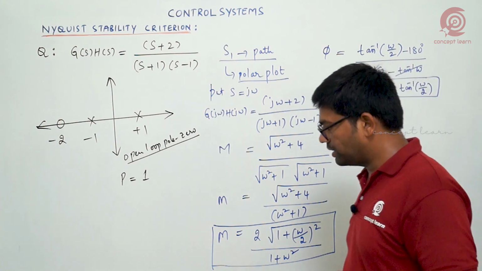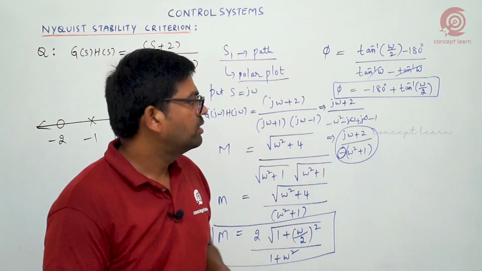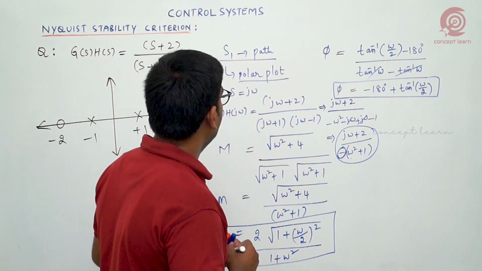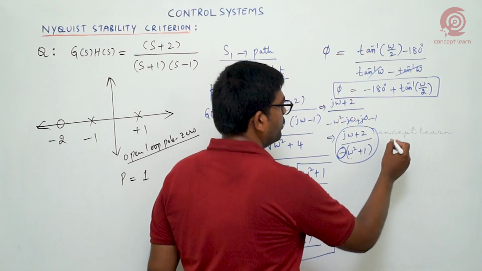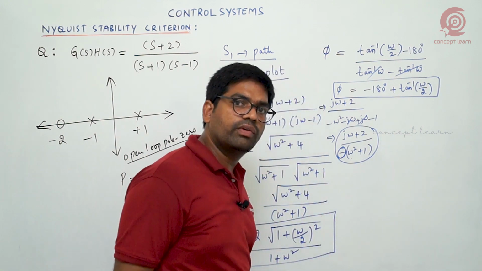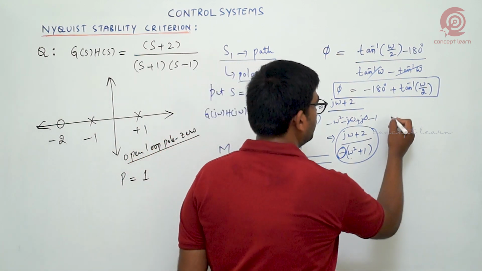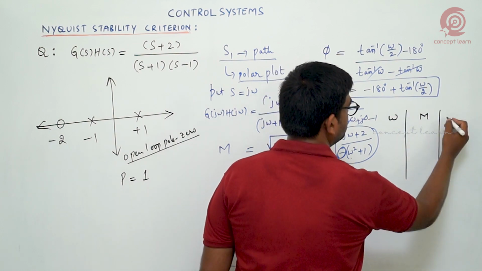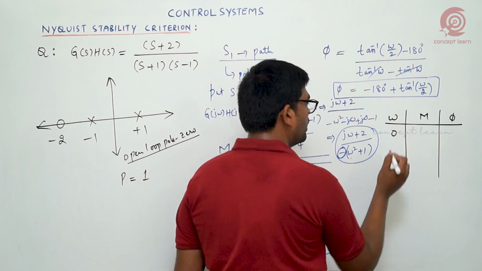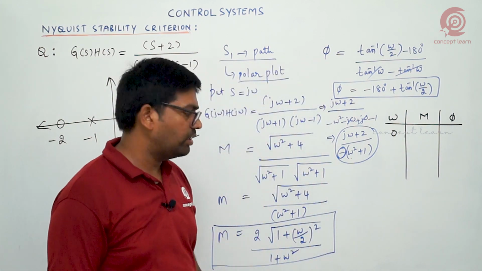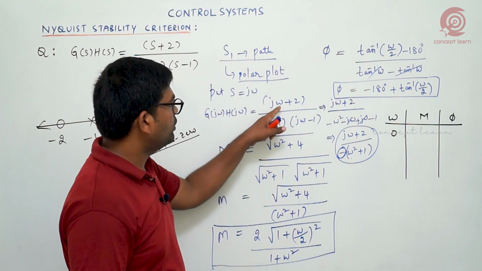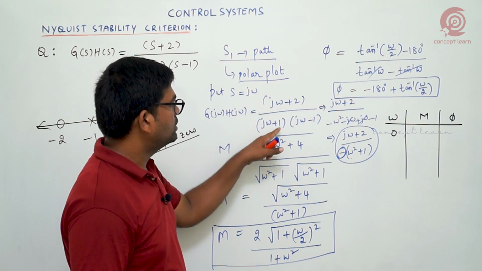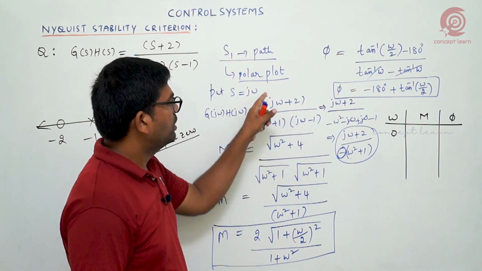Understood? Now after having magnitude and phase angle, to get the polar plot, we are just varying the frequency omega from 0 to infinity. Starting with omega equal to 0, you substitute, what is the value we get? 0 plus 2, 0 plus 1, 0 minus 1.